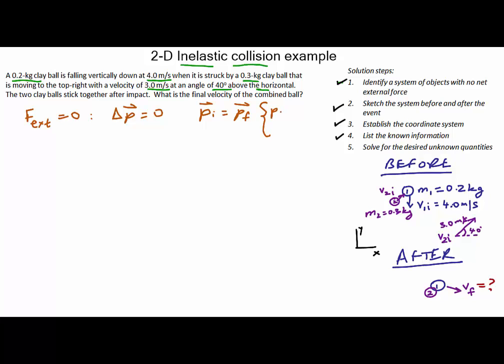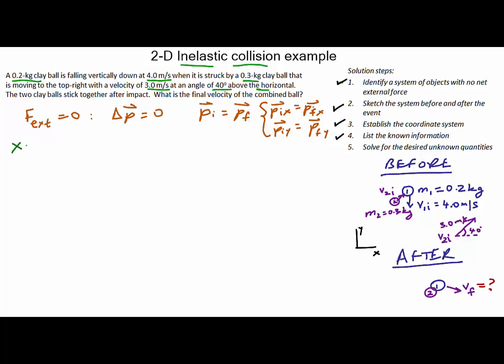So this means that p_ix for the system equals p_fx for the system, and p_iy for the system equals p_fy for the system. So for the total momentum to be unchanged, the x component has to be unchanged and the y component has to be unchanged. So then we will solve this along each axis.